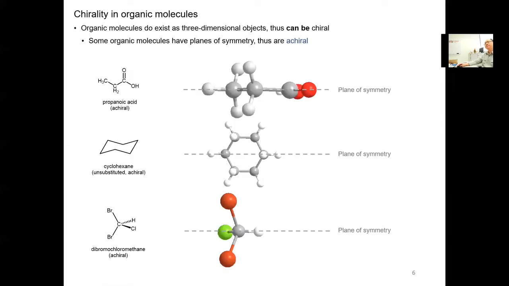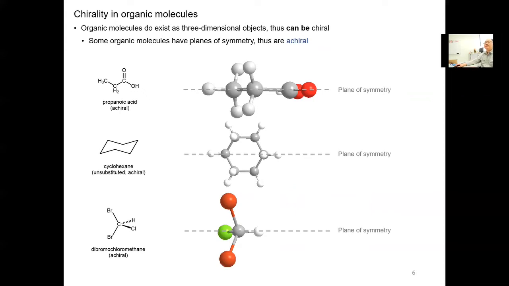Okay, so we just said that organic molecules can be chiral, but some of them are achiral. It can be chiral, but it doesn't mean that every organic molecule is chiral.